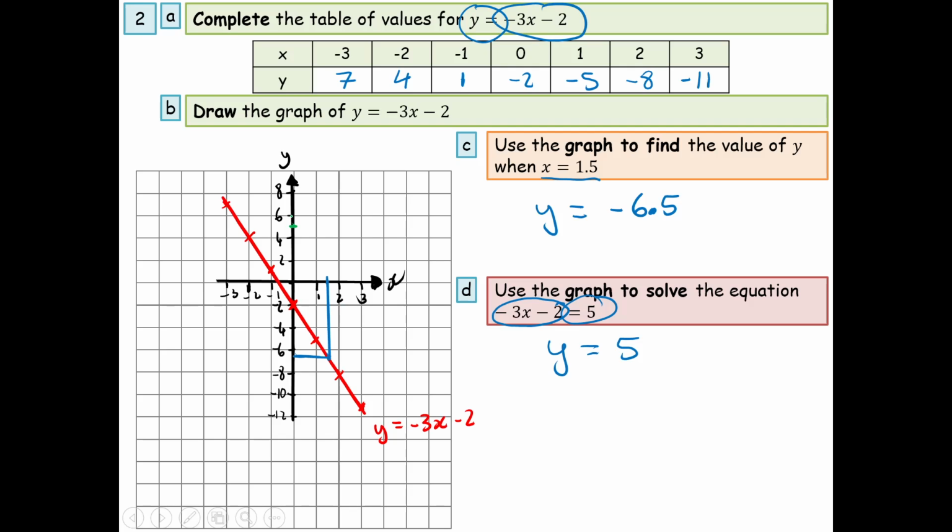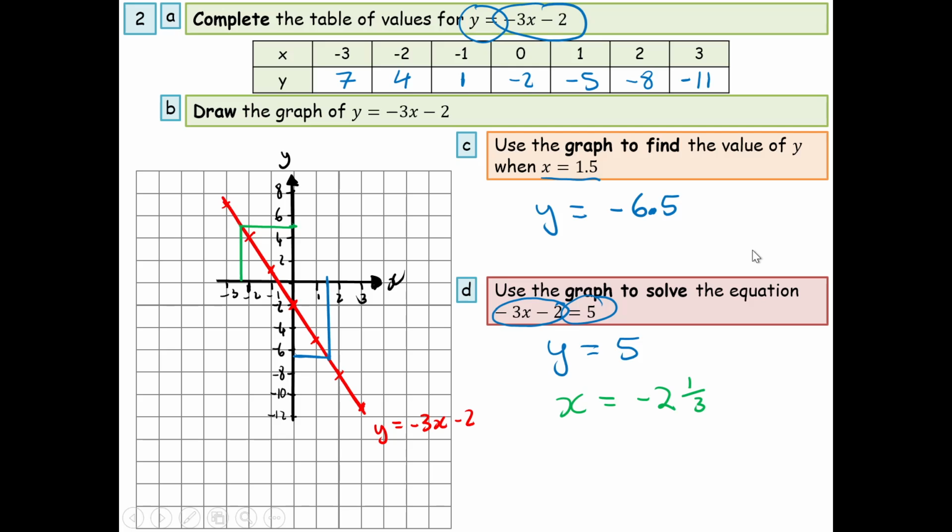I'm going to draw a line going across, like so, and then down, like so. And what that says there, that says x is equal to minus 2 and 1/3. And that's how we do C and D on question 2.